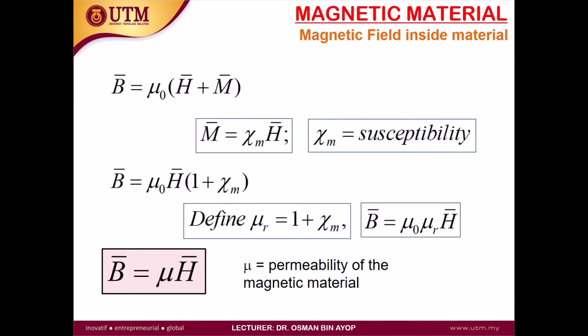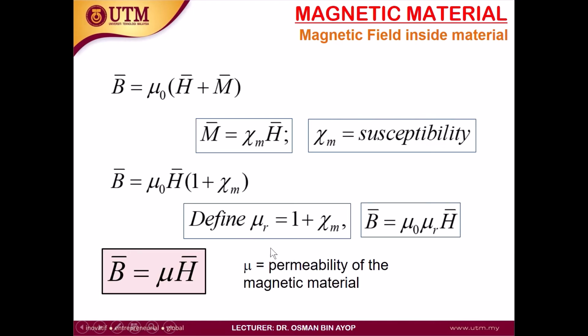Let's analyze this expression further. B is equal to mu naught times H plus M. If we change M into chi_m H, where chi_m is the susceptibility, we can change this expression into B equal to mu naught H times 1 plus chi_m. We later define 1 plus chi_m to be mu r, the relative permeability.